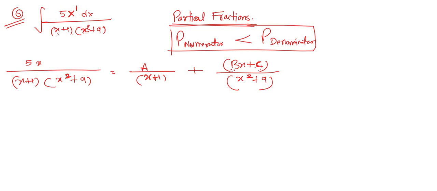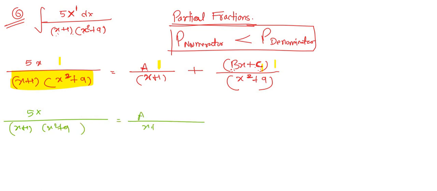Okay, what is the next step? Whatever is in the denominator is multiplied at these three places. Let me show you. So 5x by x plus 1, this was the question.